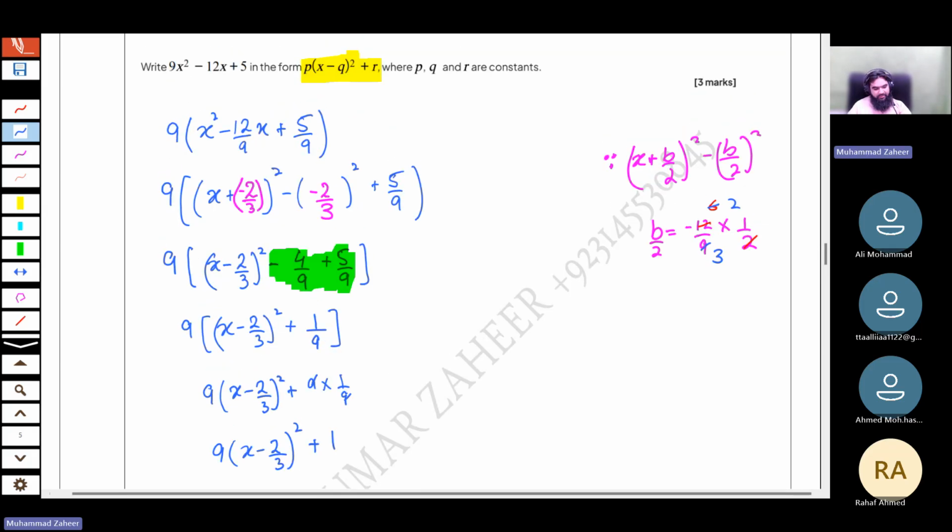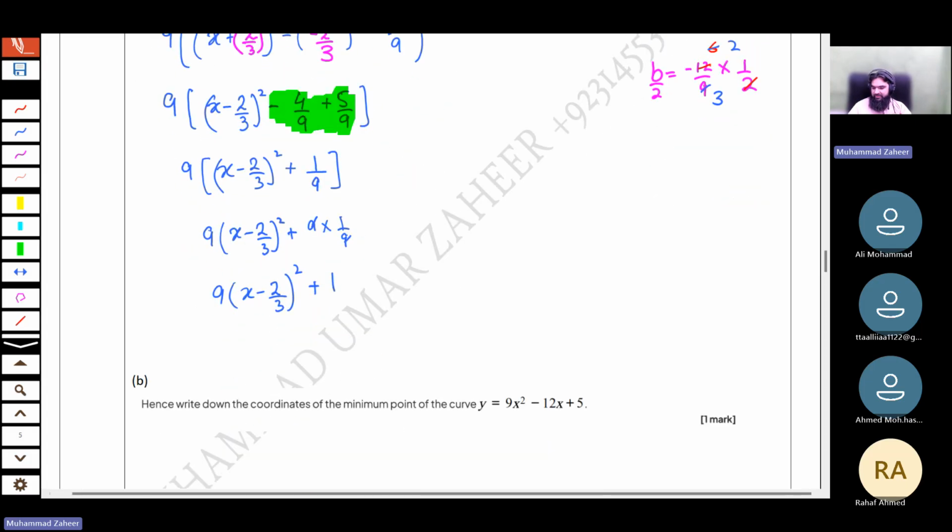So look here, we are getting the same form: p times x minus 2 over 3 plus r. He did not say that you have to find the value. We just have to write this expression in this form. So we have written it. This is my final answer.